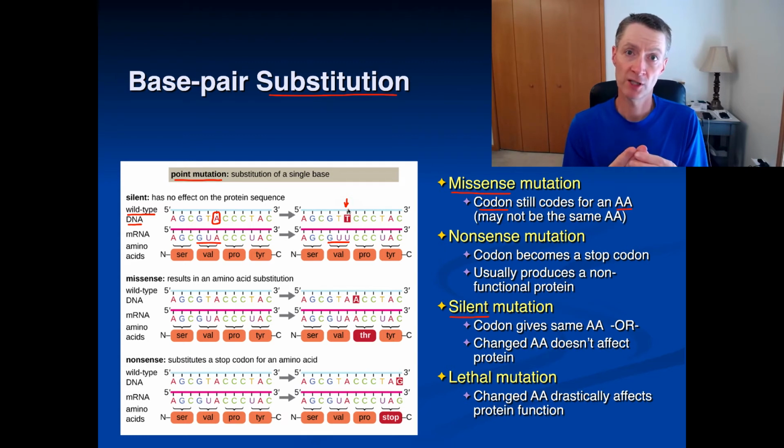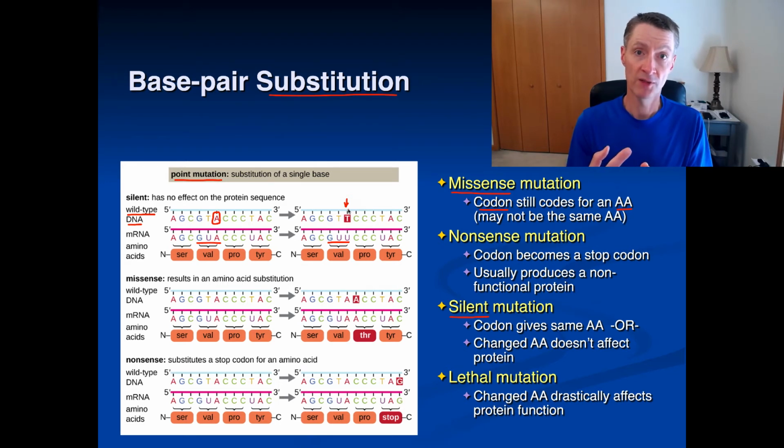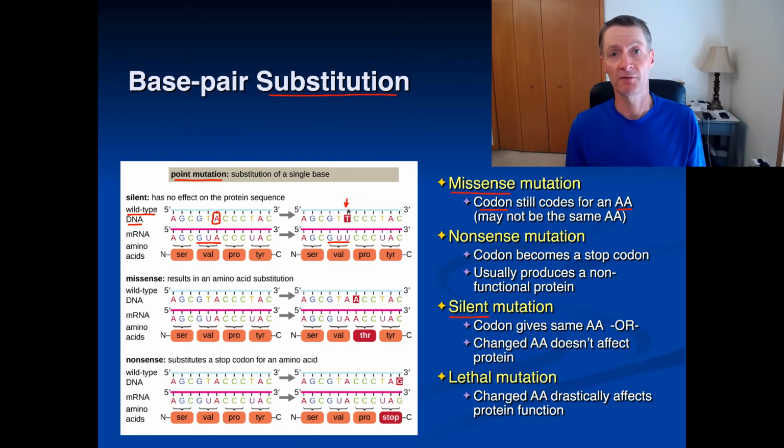You know that it's a substitution because I said that one was in place of the other, right? You know that it's a silent mutation because the protein apparently still works, so it must have made an amino acid in that location, missense. So in that case, it's all four. It's a point mutation, that's a substitution, that's a missense mutation, and it's silent because it didn't affect the function. Okay.